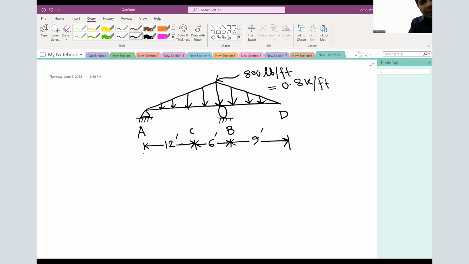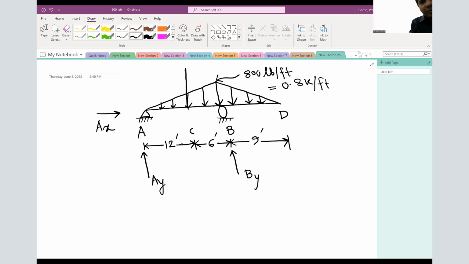So we have AY, we have BY, we have AX, and we have two equivalent concentrated loads, as you can imagine.